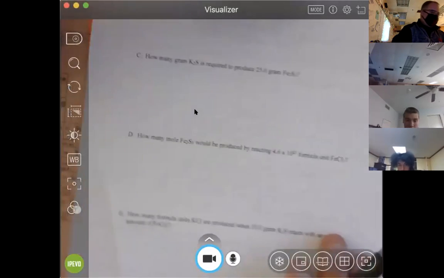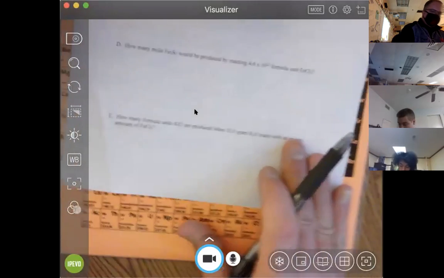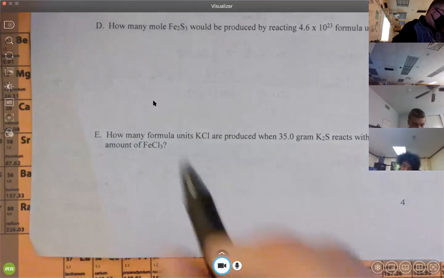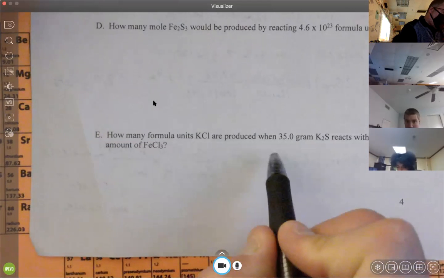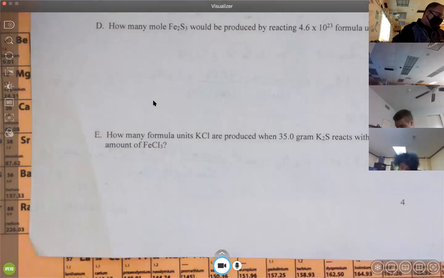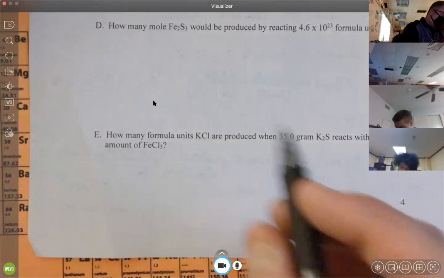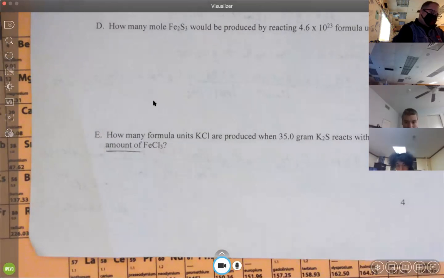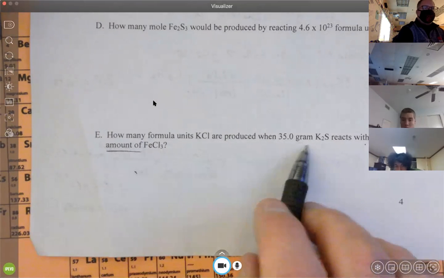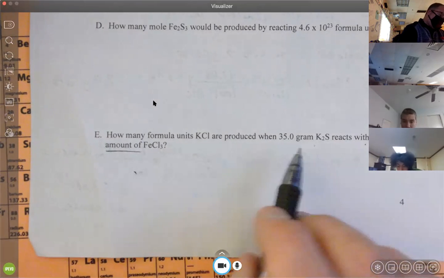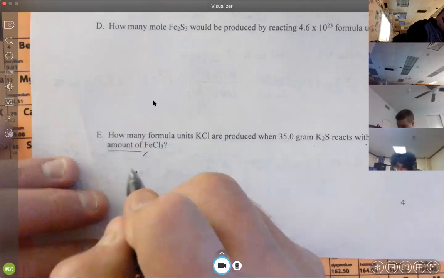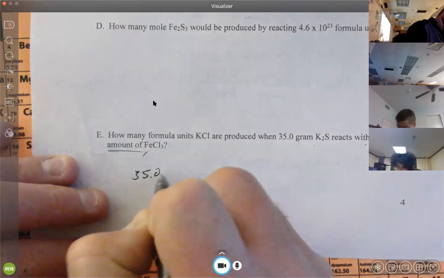So right there, that may actually be enough to help you with it, but let's go through it real quick. It says how many formula units are produced when 35 grams of K2S reacts with excess FeCl3. This is excess, so we have more than enough iron(III) chloride, and we don't even have to worry about that. So 35.0 grams of K2S.